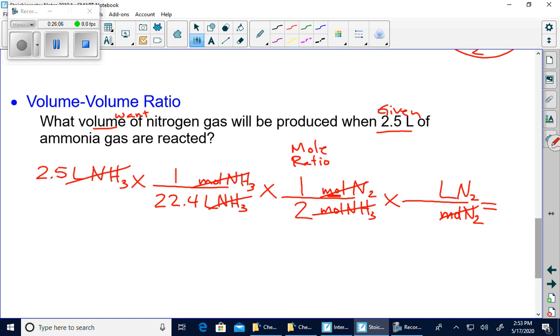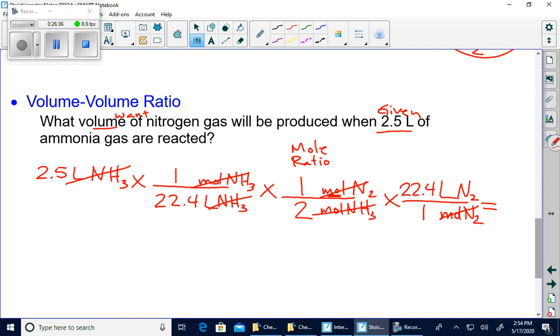See, if you leave your labels on and you cross everything off, when you get to the end, if what you have left is what you want, then you know you've done it right and you know you're multiplying and dividing correctly. Okay, so this is molar volume, 22.4 liters, 1 mole. All right, so now look at what I've got here.